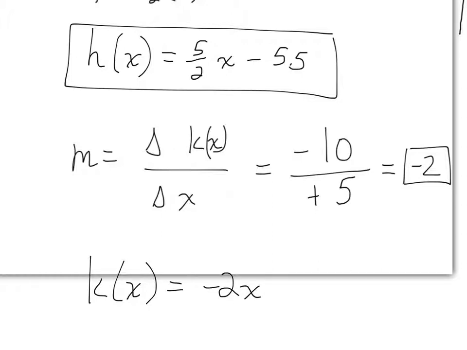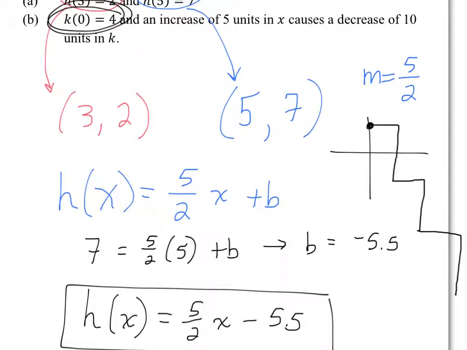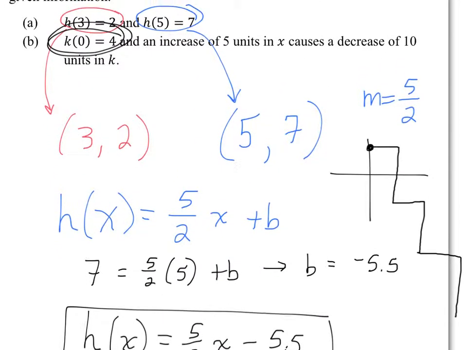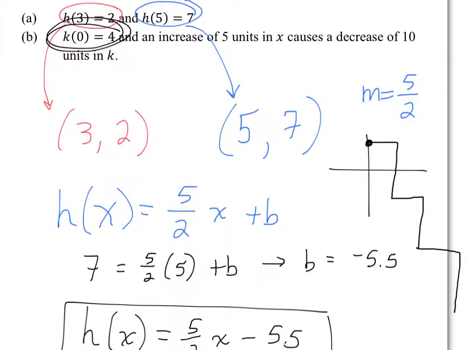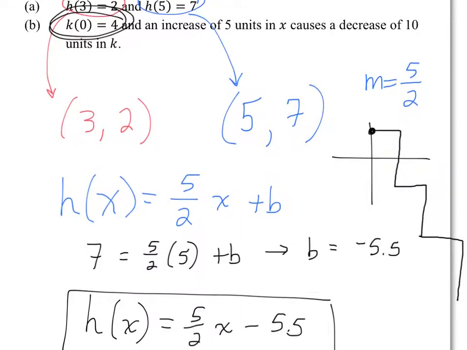What's the b value here? Right away, you don't need to do any math. Read the other part of the problem. If I go back up, I see k of 0 equals 4. Mike, what does k of 0 mean?